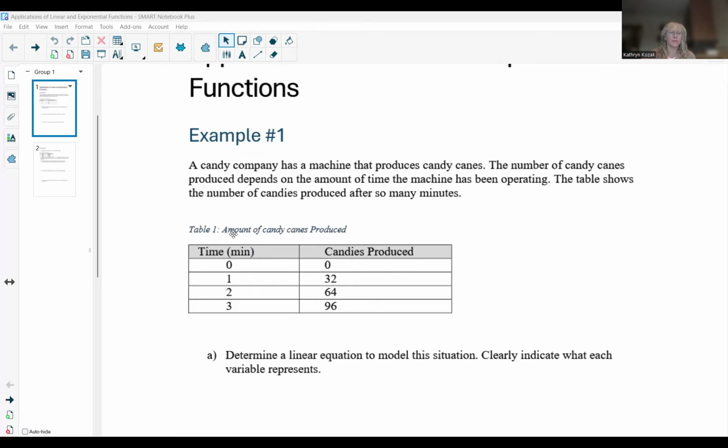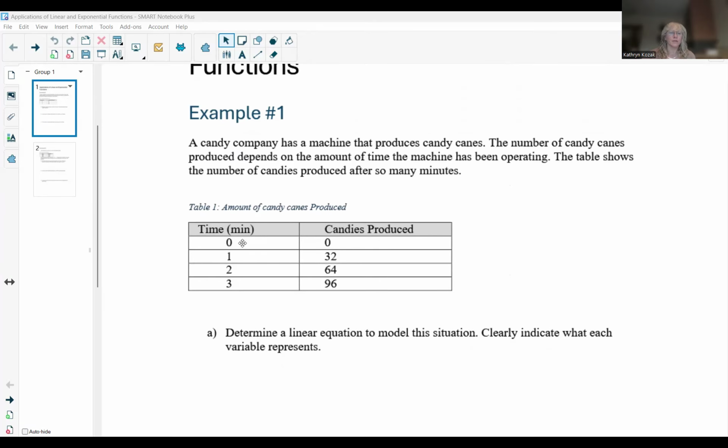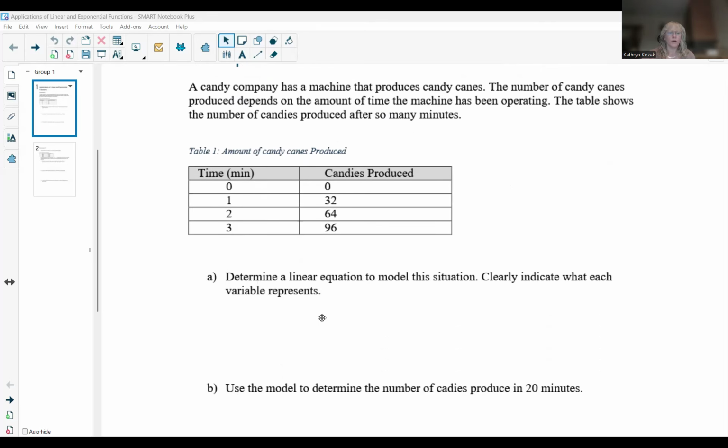At time 0 minutes, the candies produced are 0. After 1 minute, there are 32. After 2, there's 64. And after 3, there's 96. We want to determine a linear equation to model this situation, clearly indicating what each variable represents.